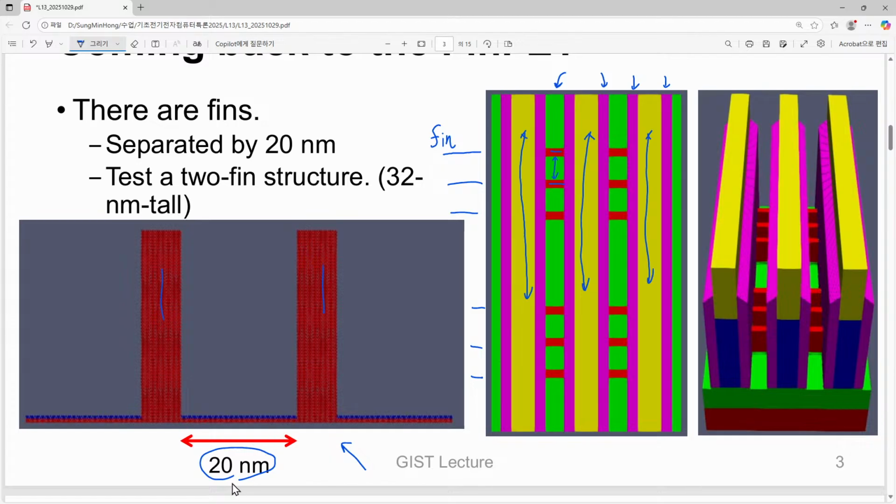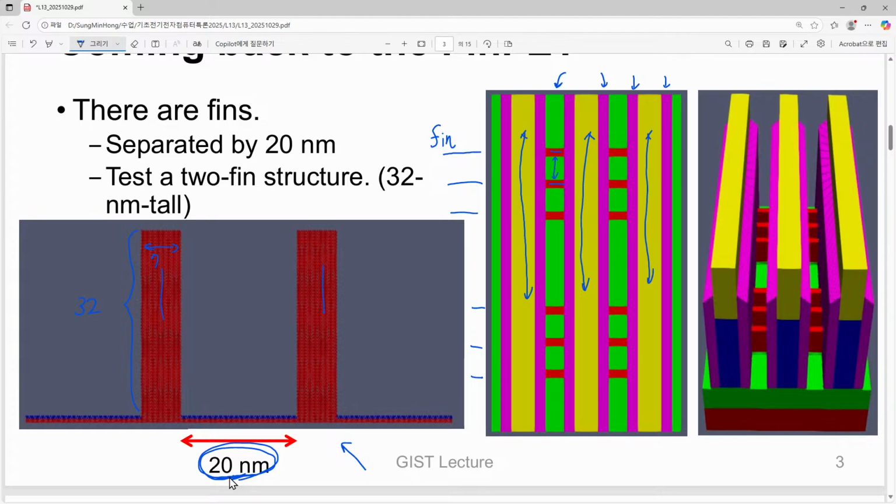The reason I'm considering this 20 nanometer gap, the realistic one for our 7 nanometer FinFET technology, is that it is important to keep a certain distance between these two fins. So now this is 32 nanometer, this is 7 nanometer, and we have a 20 nanometer distance between these two fins.